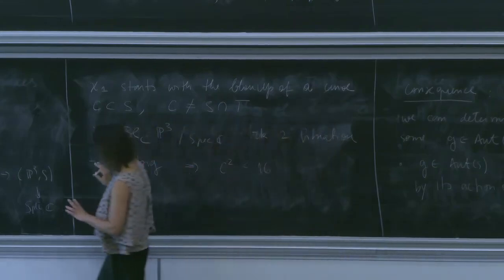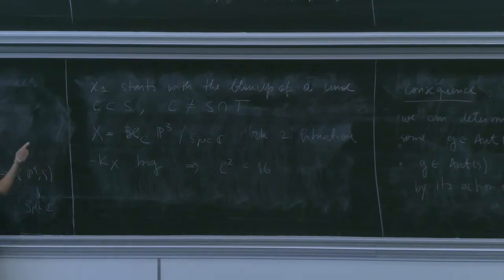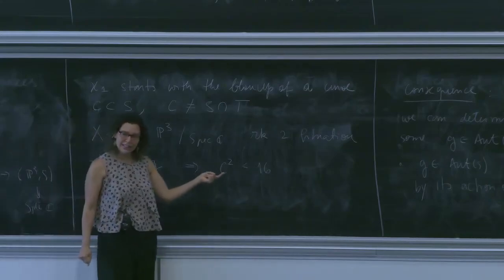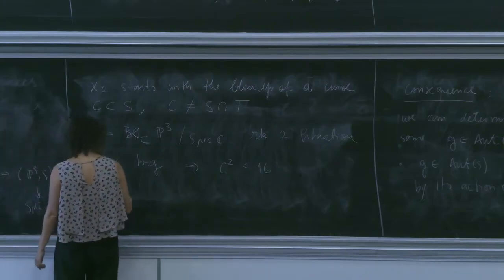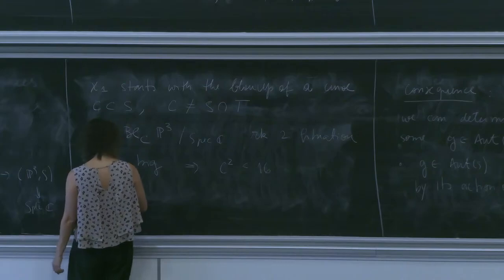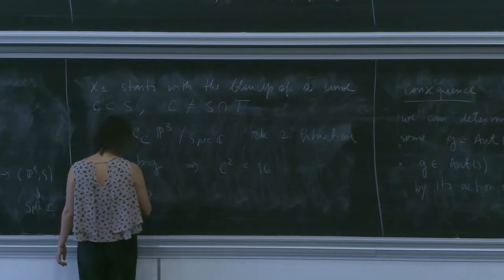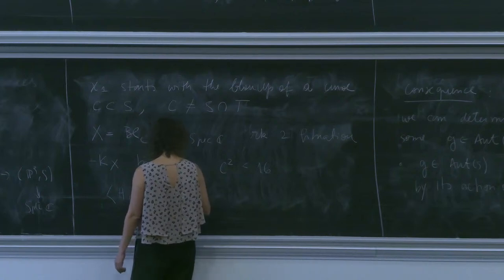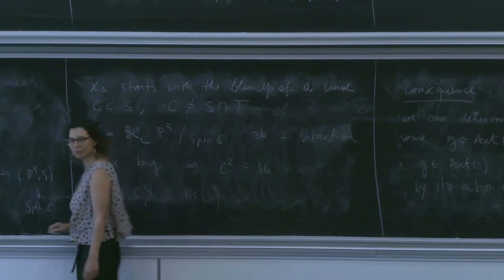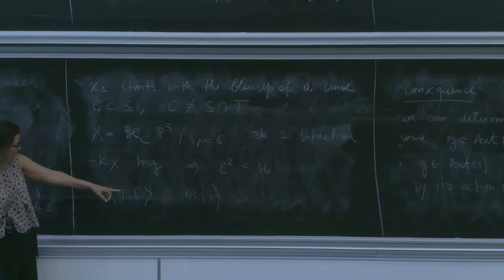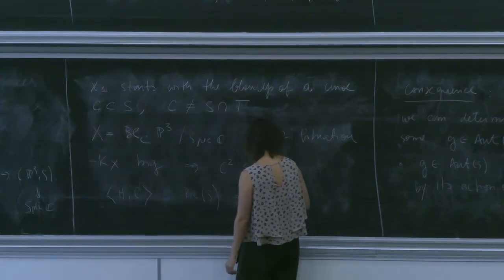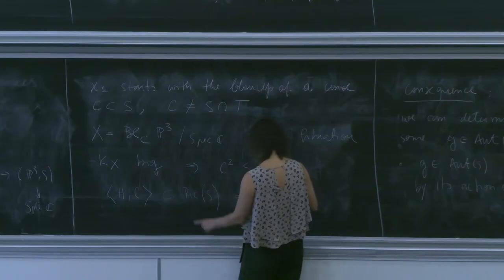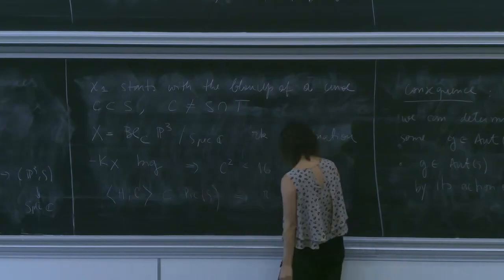And this actually is enough, because once you have a curve inside of X of degree less than 16, and this curve is not a complete intersection, if I take the sublattice of the Picard lattice generated by the hyperplane class and C, so this is contained in Pic, and therefore the discriminant of our lattice must divide the discriminant of the sublattice.